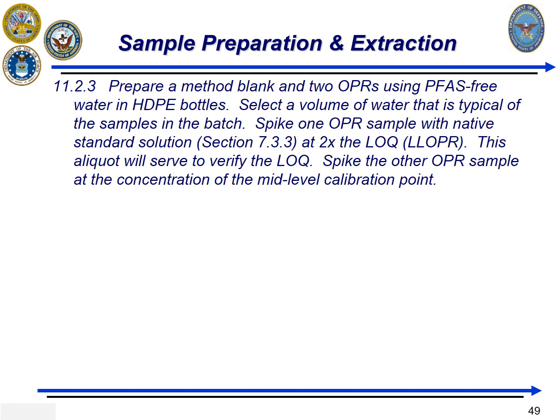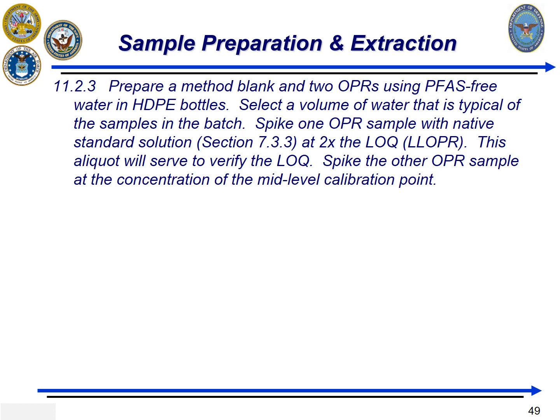Section 11.2.3 lists the quality control samples that are required to be extracted with each batch of aqueous samples. They include a method blank and 2 ongoing precision and recovery check samples.